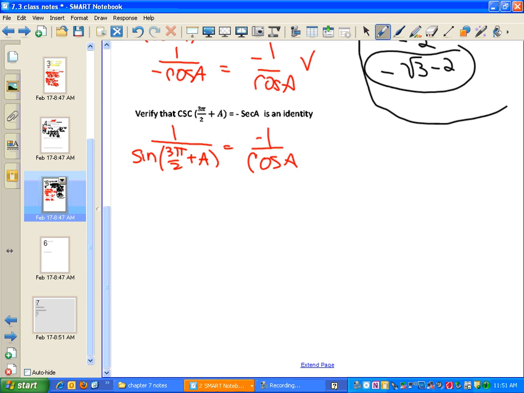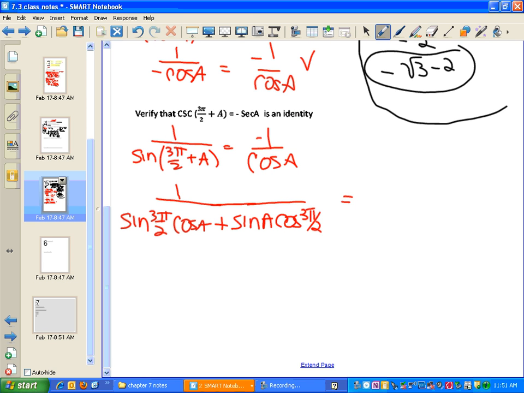All right, so using our identities, 1 over sine of 3 pi over 2 cosine of a plus sine of a cosine of 3 pi over 2. That has to equal negative 1 over the cosine of a.